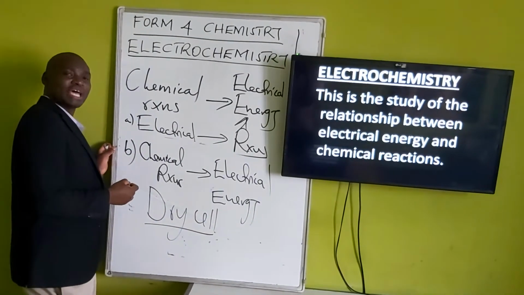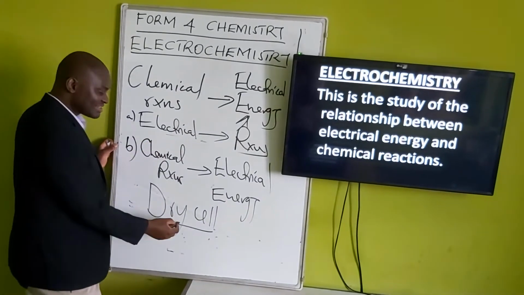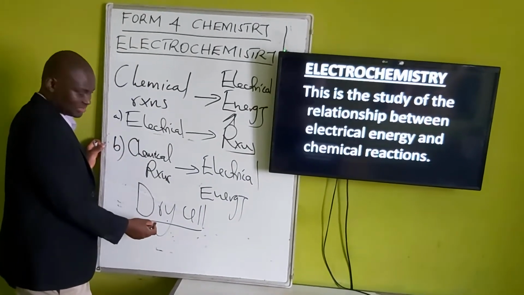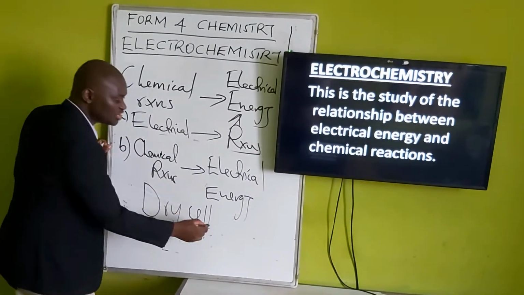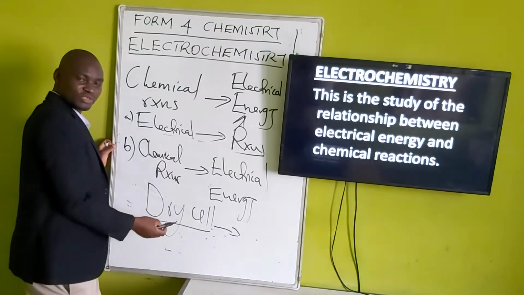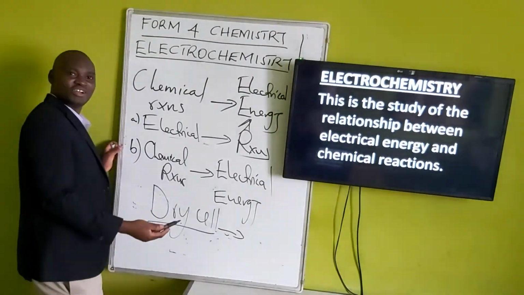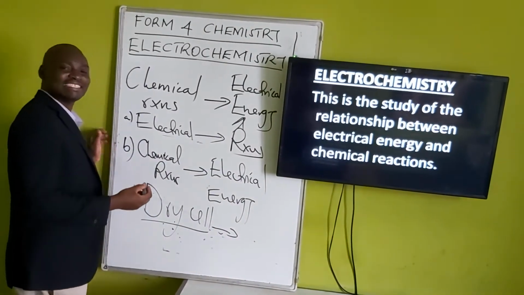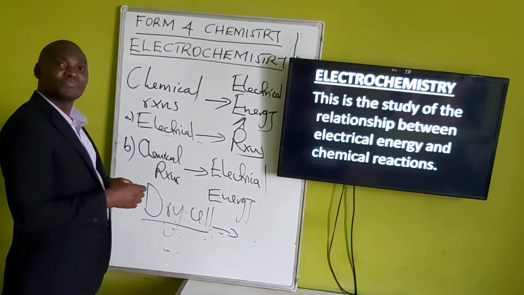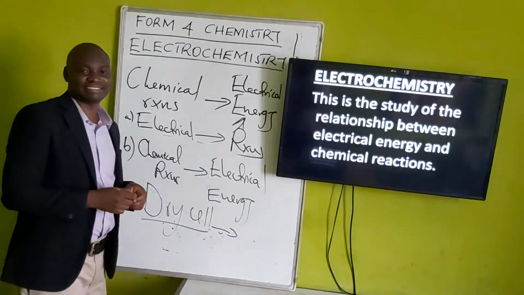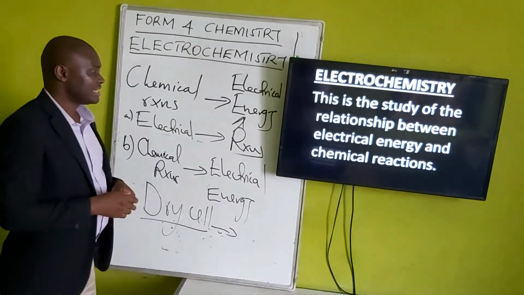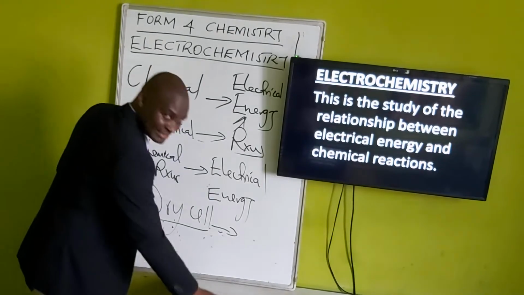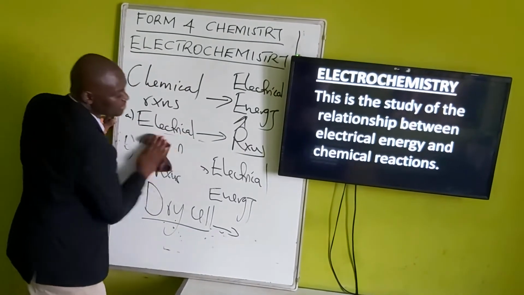The battery that you use at home, inside that dry cell, there are chemicals, and those chemicals are reacting to give you electrical energy. You can use that energy to power your radio, your spotlight, your watches, to power your small gadgets. So that's what we're going to look at here.